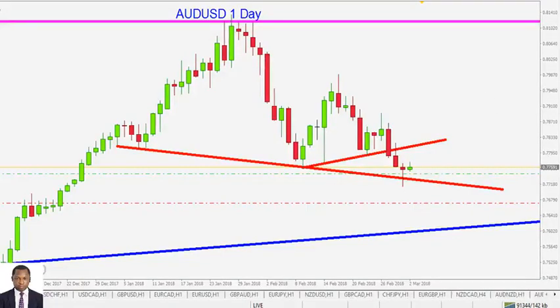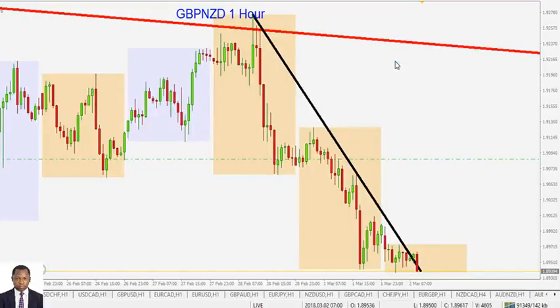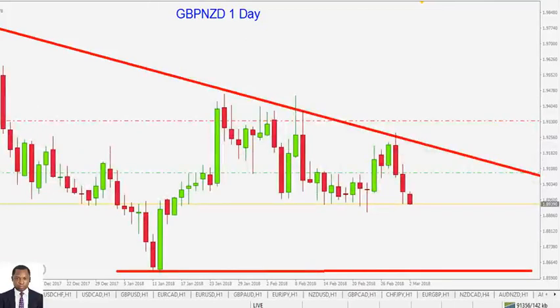Let's take a look at another pair, the British pound against the New Zealand dollar. We took this trade based on the bearish engulfing candle in the daily time frame. That's that candle right here. We clicked on our sell button, and the price has been pushing in our direction.